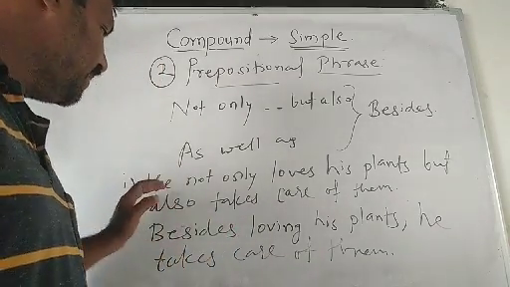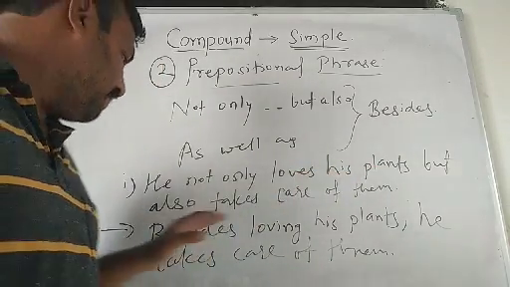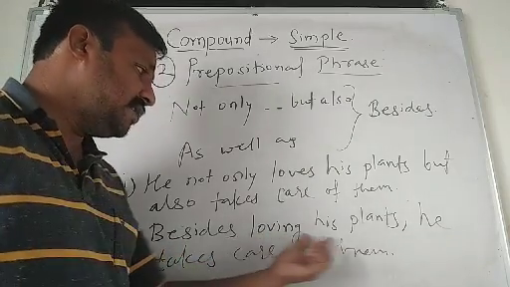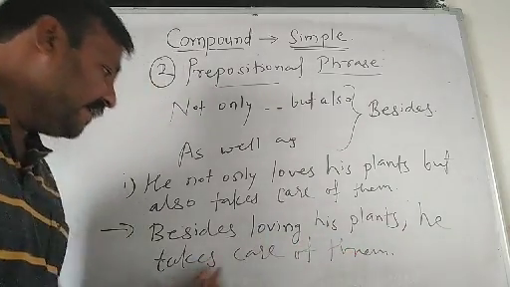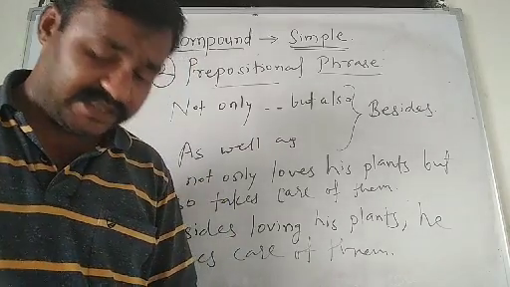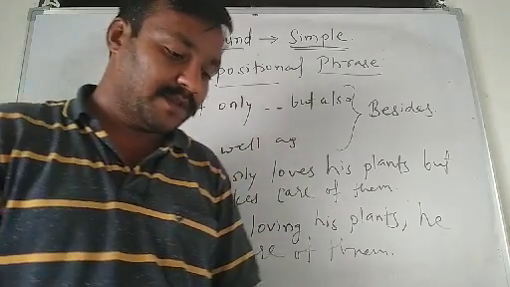So how have I changed it? "He not only loves his plants but also takes care of them" should be changed into "Besides loving his plants, he takes care of them." In this way we have to change compound sentences into simple sentences.